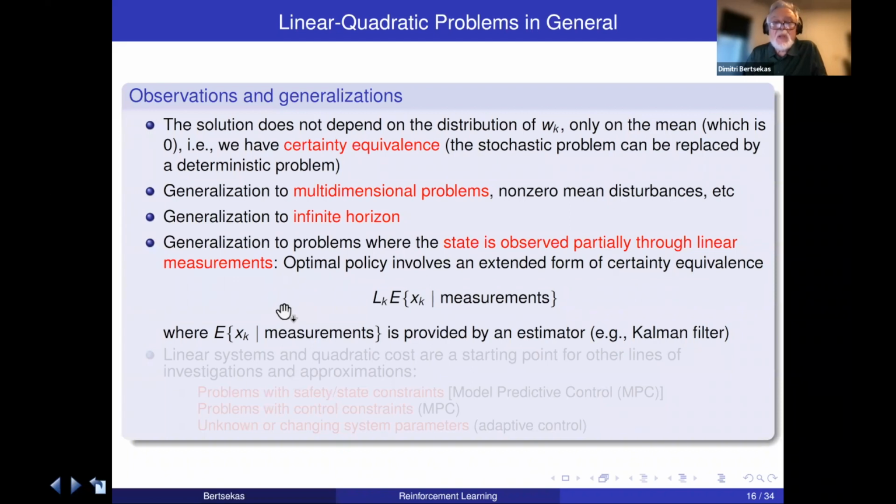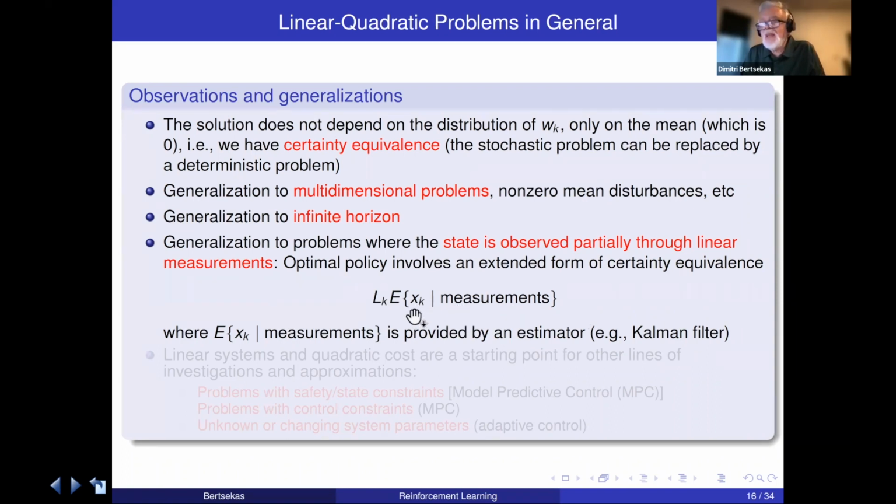And the optimal policy can again be obtained analytically, and it involves an extended form of certainty equivalence, where the optimal control to apply is a linear coefficient, the same linear coefficient as for the deterministic problem, times the expected value of the state given the measurement.